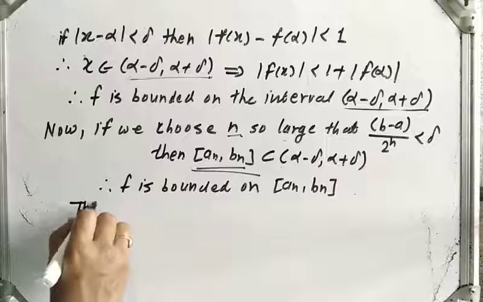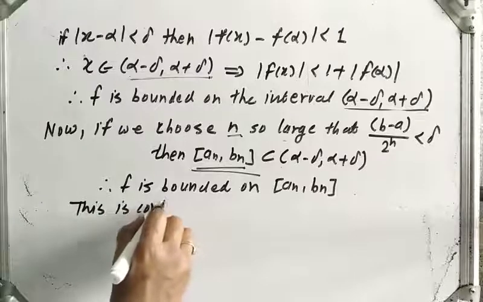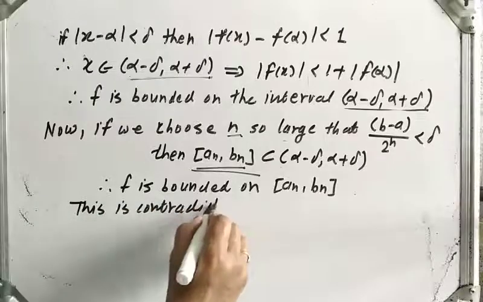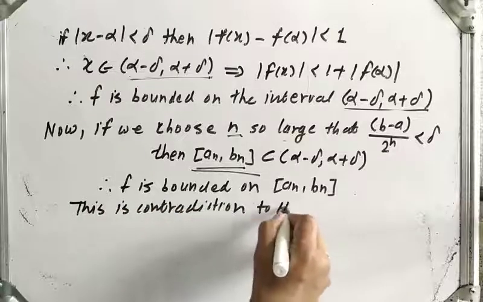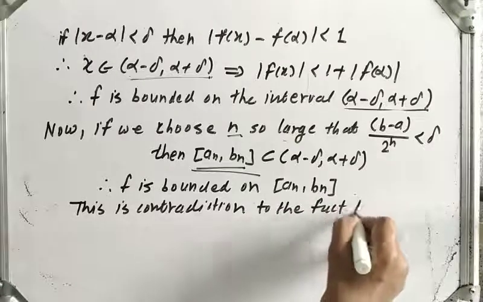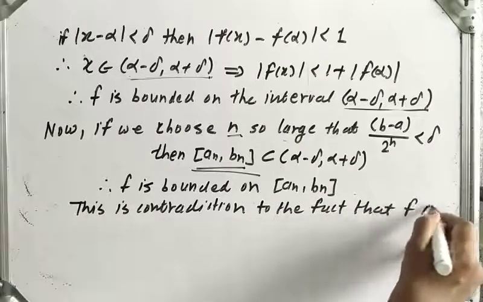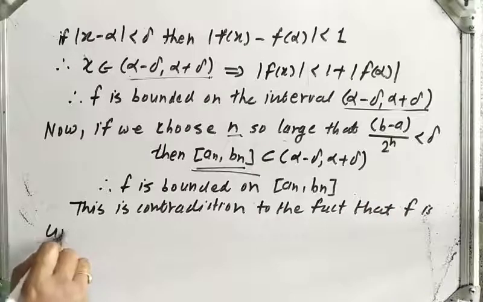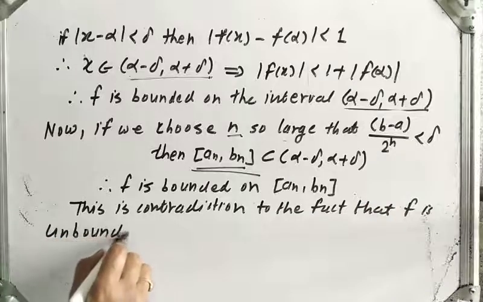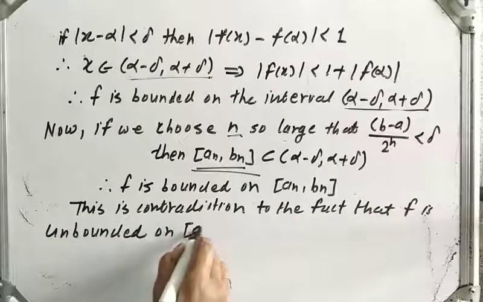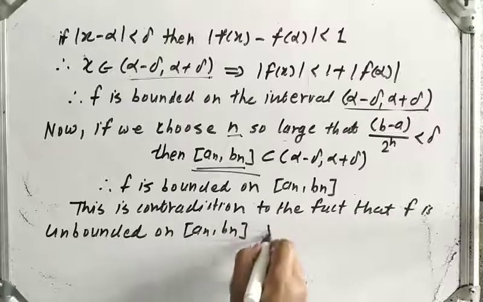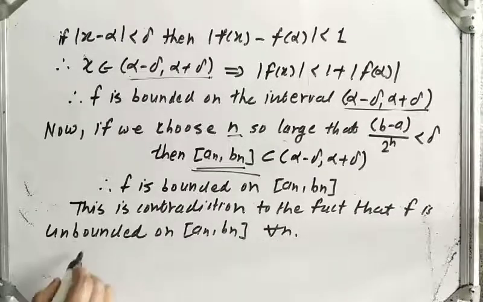This is a contradiction to the fact that f is unbounded on an bn for all n.